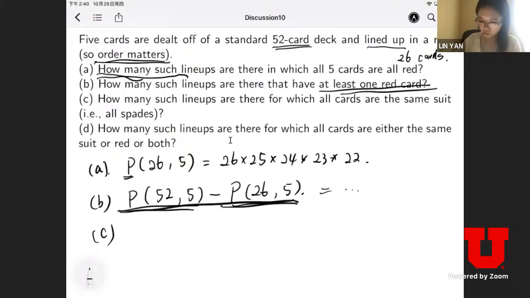We have 4 suits in total. Okay, thanks for the answer. Now the answer is P(13, 5).